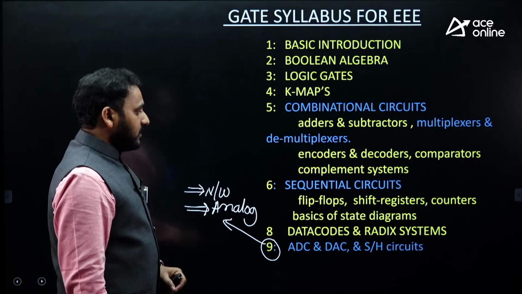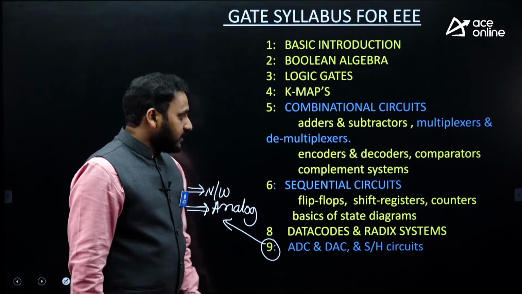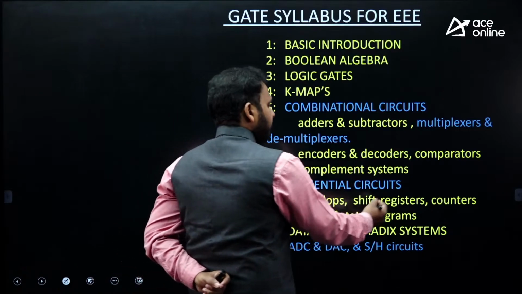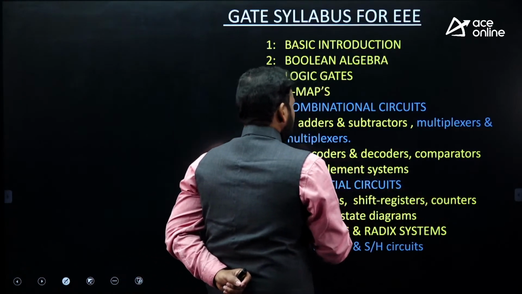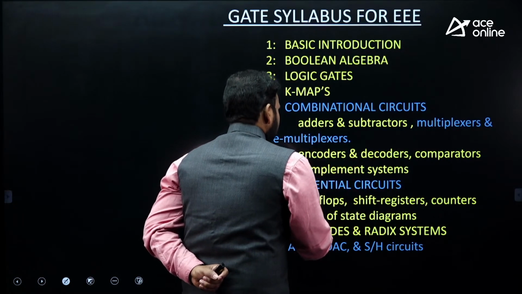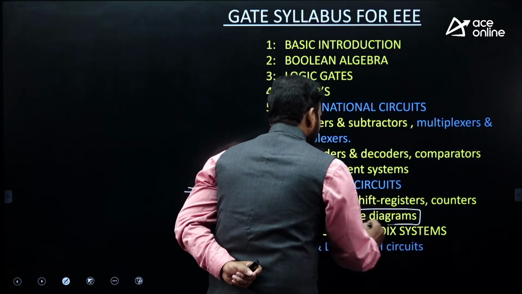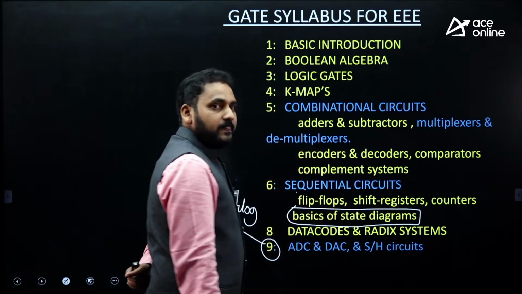One more important point. Here I want to tell you one important point. What is that important point? Sequential circuits, flip-flops, shift registers, counters, basics of state diagram. These things are not given actually, but you see the basics of state diagram. Just now I told you.